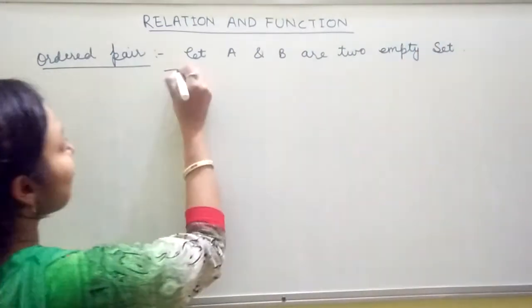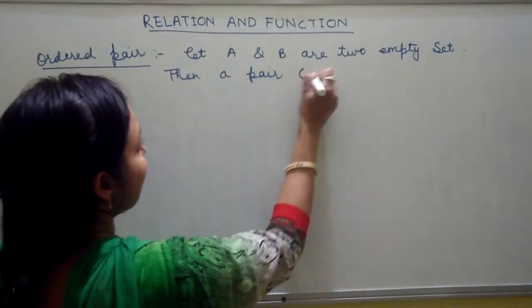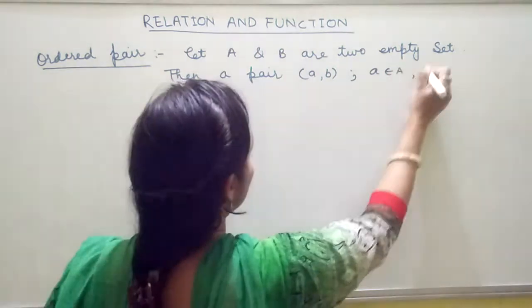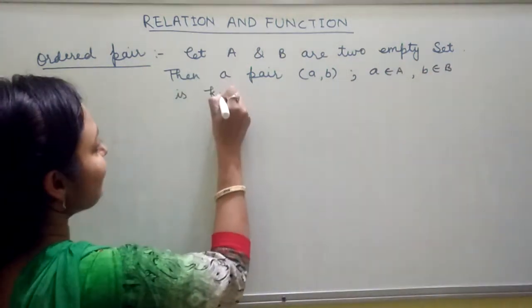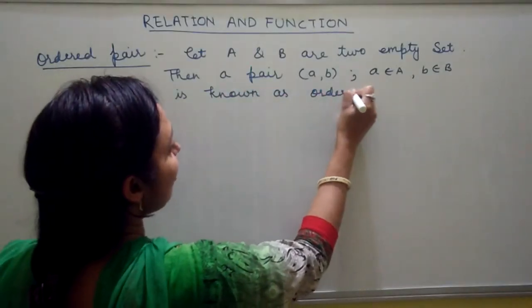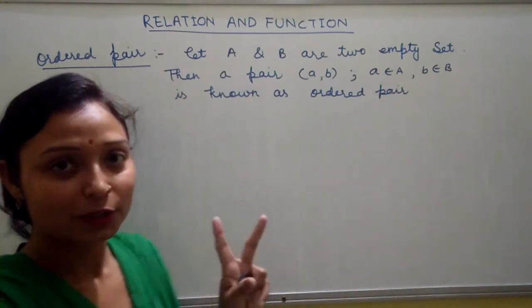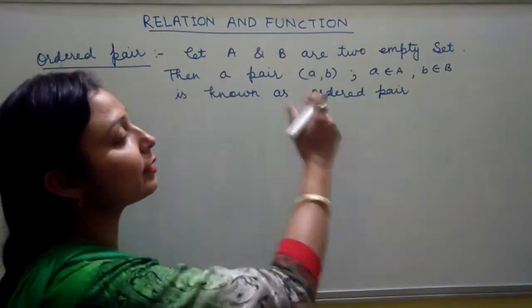Then a pair (a, b), where a belongs to A and b belongs to B, is known as an ordered pair. Ordered pair means two elements in a fixed order.